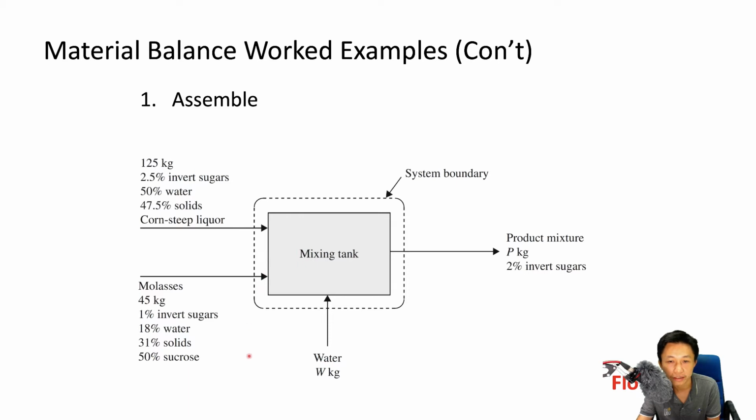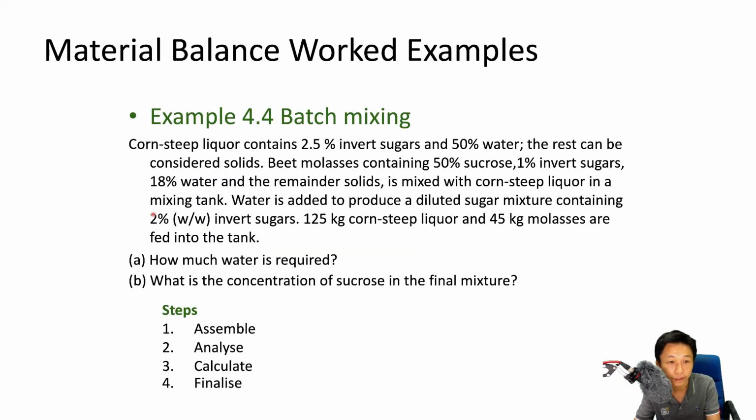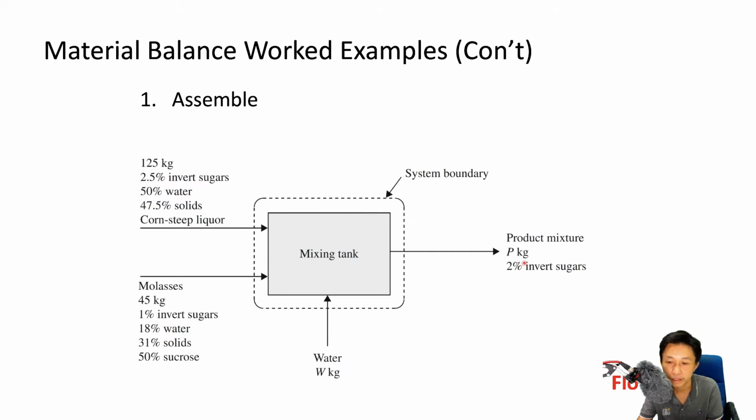Added to the mixing tank. So identify your boundary system, and this is your product. It's only 3 inputs and 1 output. Your product needs to have 2% by weight of invert sugar. And you have P kilograms of your product, and you can identify more. So it needs to contain water, solid, and sometimes sucrose.